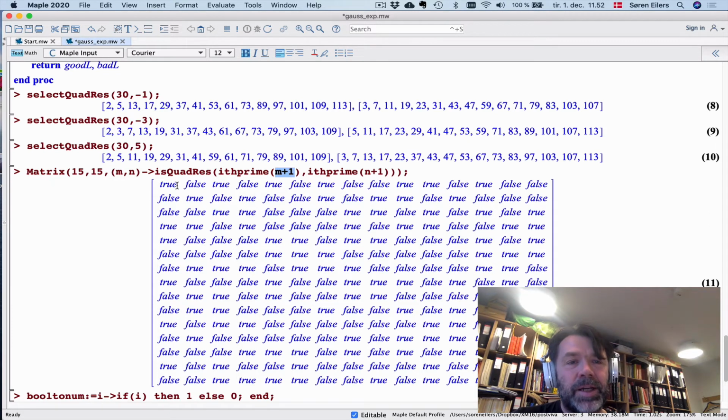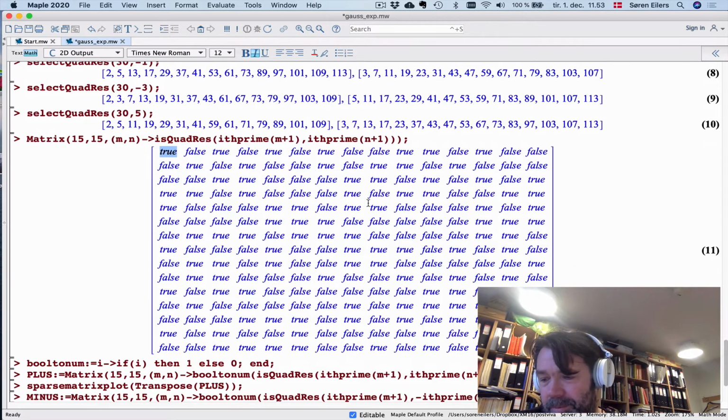The first entry I have here is a 1,1 entry, so the first entries will be the second prime twice, that's 3 and 3. And I'm asking whether prime number m is a square modulo prime number n, and I'm putting this in a matrix.